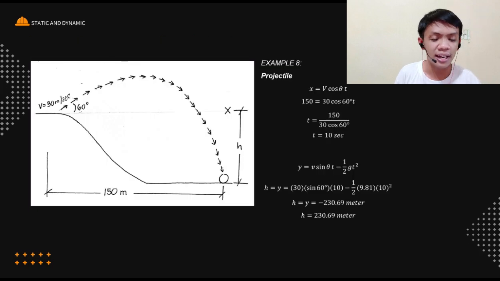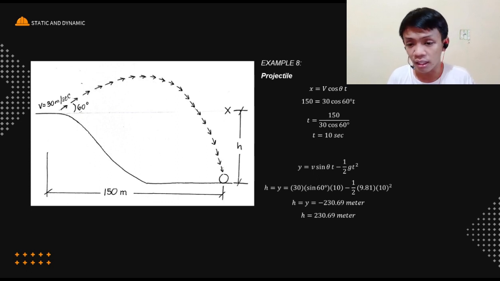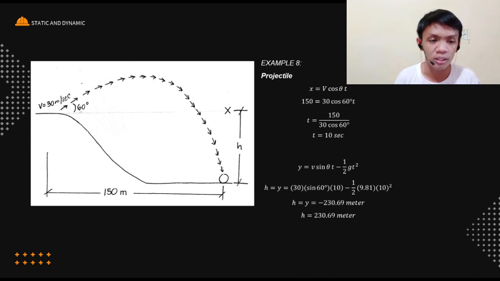For this example, we will use Formula 1 and Formula 3. First, we will use Formula 1 to identify the time that the ball will land below the hill. The formula is x equals v cosine theta multiplied by time.